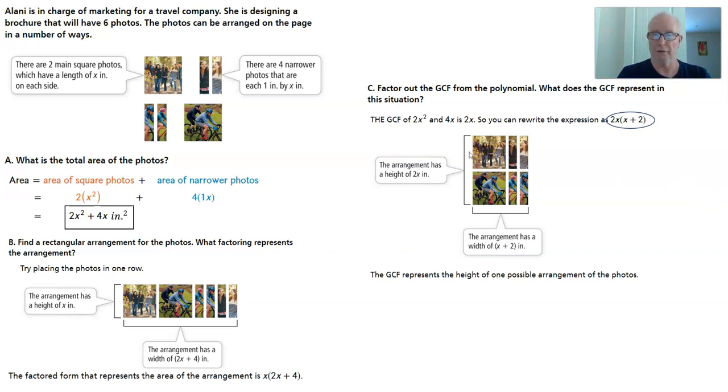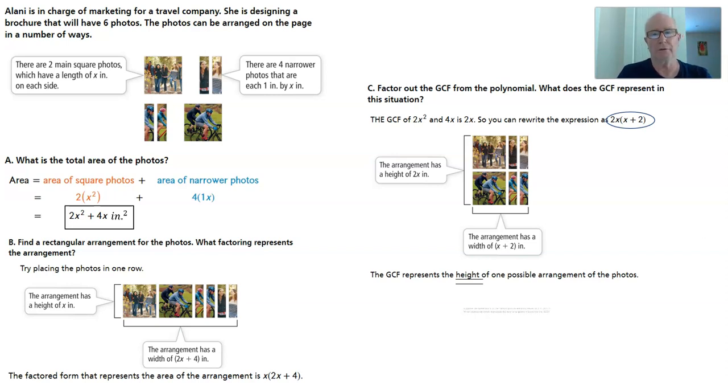So now looking at this picture then, putting that into this factored form, the 2x, we'd have two x's on this side, and the x plus 2, we have the x of the square, and then 2 of the narrow photographs. So the 2x represents the height of that arrangement. And then the x plus 2 is the width of that arrangement.